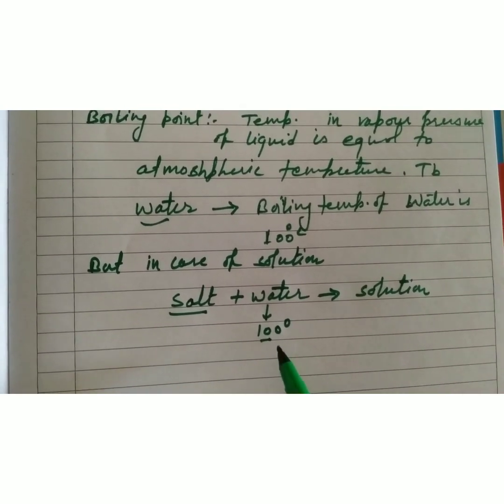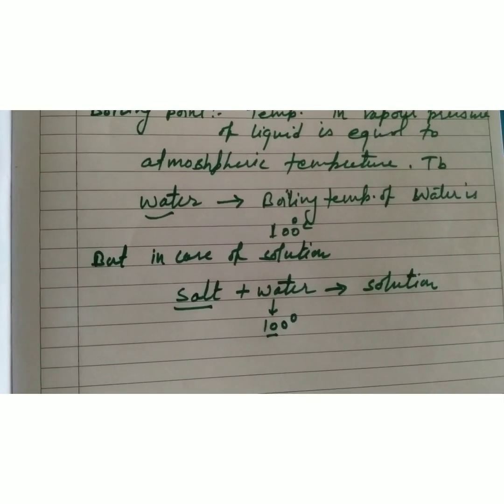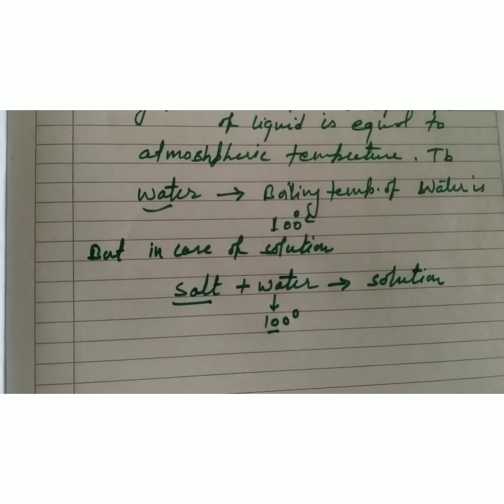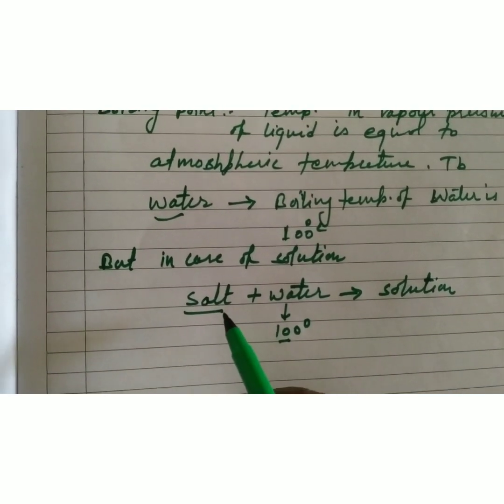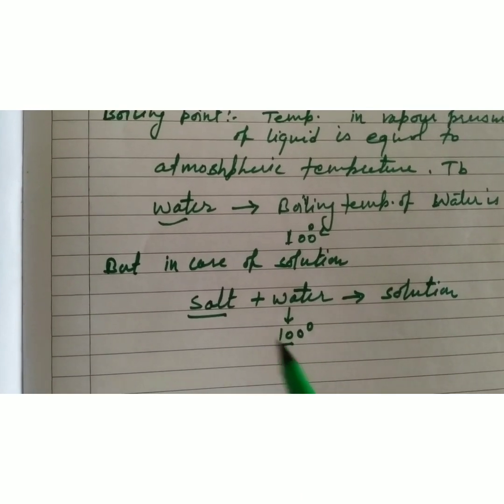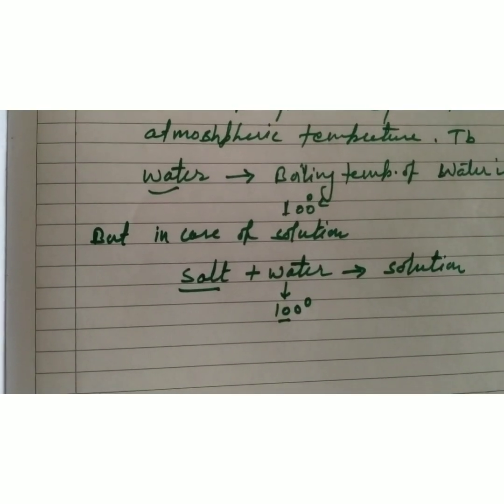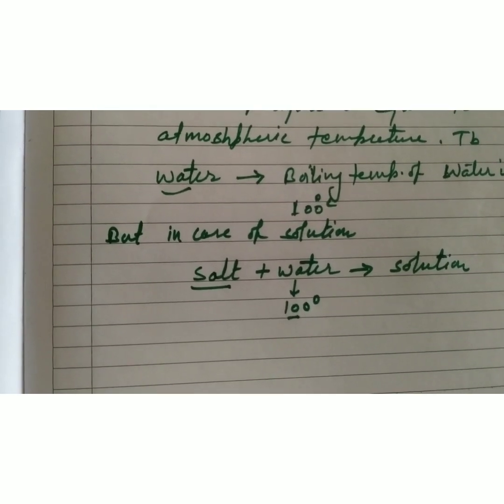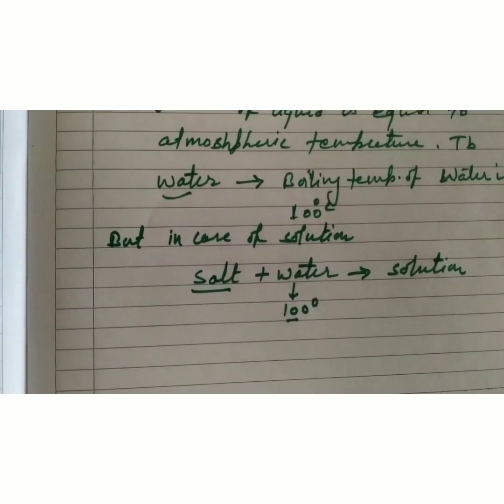Clear? Why? Because after mixing the impurity in water, the vapor pressure will decrease. Clear? Why? Because we also know the vapor pressure of pure solvent is greater than that of impure solvent. Clear?